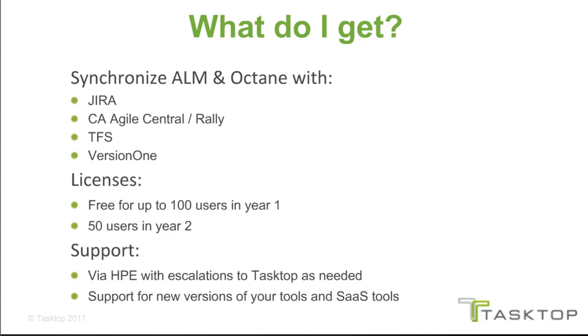It's going to be up to 100 users in the first year, and then 50 users from that point forward. The users are determined essentially by looking at who is creating these artifacts that are being synchronized between the two systems, who's being assigned to work on these artifacts, who's adding comments.